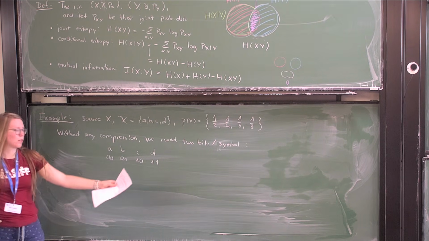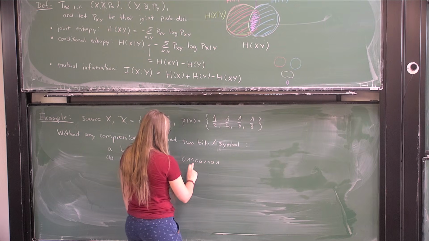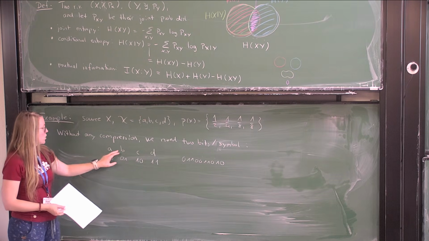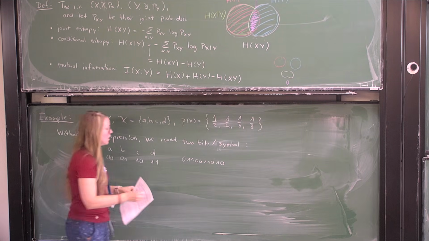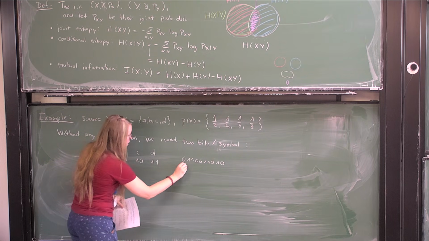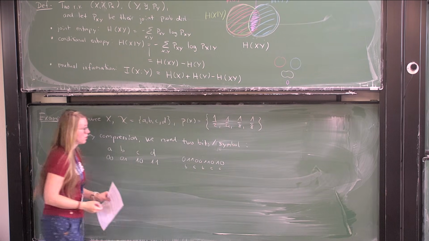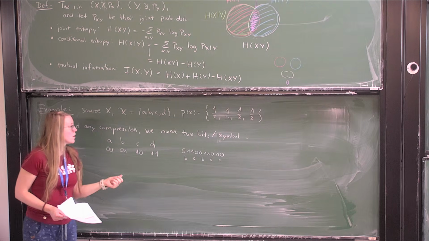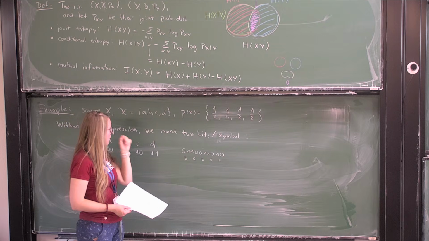And then if you get a string of bits, you can uniquely identify which letter it is in the sequence, simply because you know each of them has 2 bits, and each pair is a unique letter from this list. So this would be B, C, B, C, C. Okay, so this definitely works, but the question is, can we do better? Can we use fewer bits per symbol to encode this information?